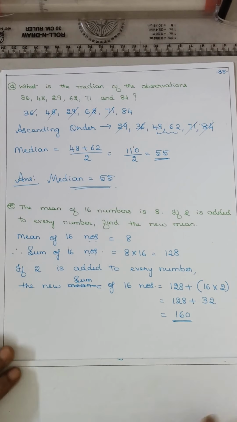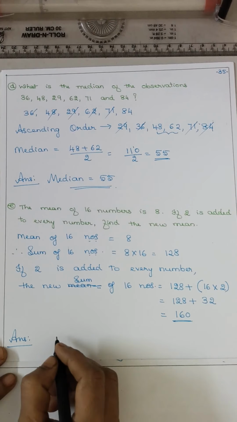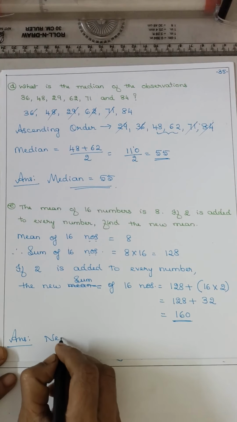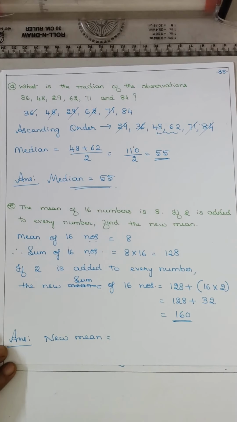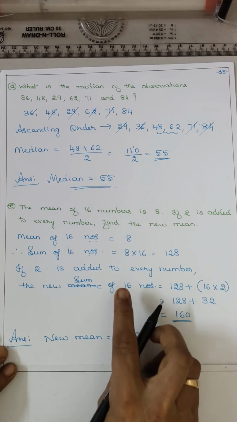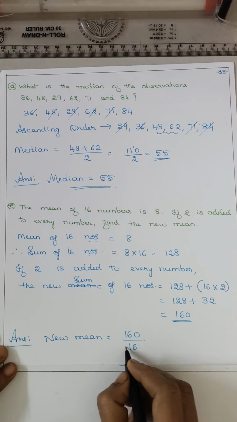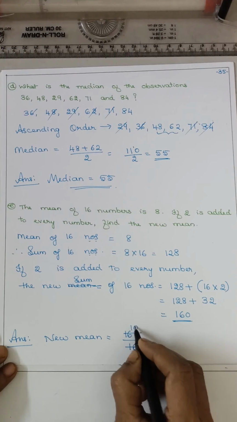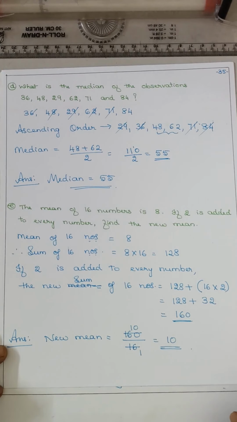So the answer, the new mean is equal to, sum is 160, the number of observations is 16, 16 tens are 160. The new mean is 10.